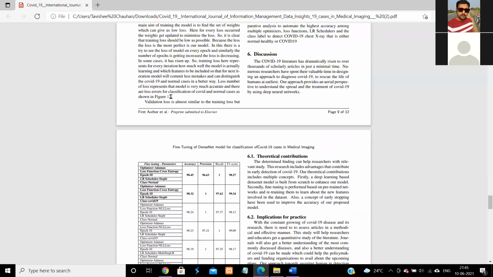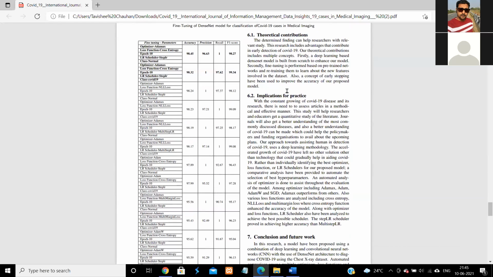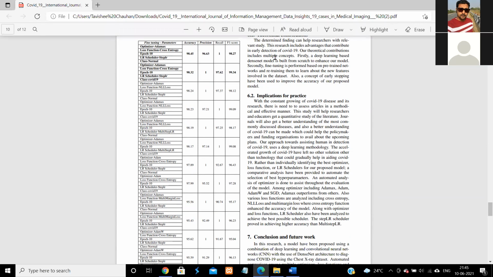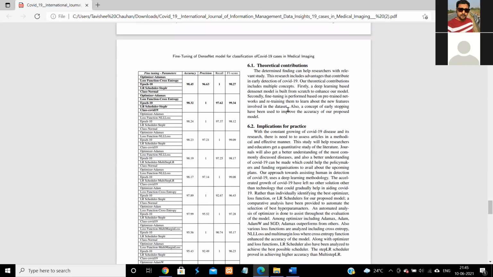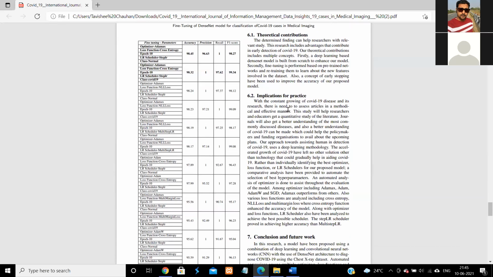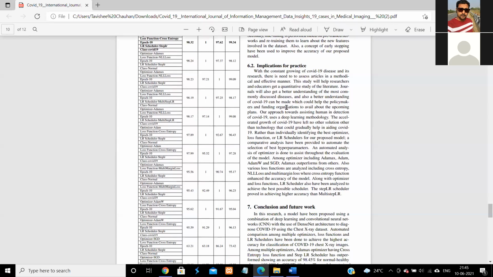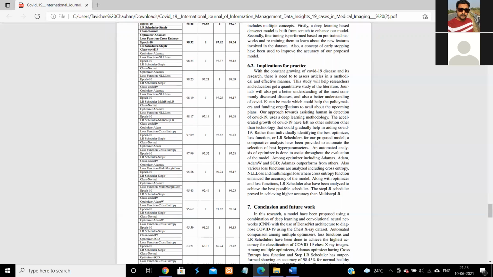Moving towards the discussion part, that is the second last part. In that, we have theoretical contributions as well as implications for practice. In theoretical contributions, we write about what is the novelty of our paper, what concepts we have newly introduced. And implications for practice talk about how our research paper is going to help other researchers.